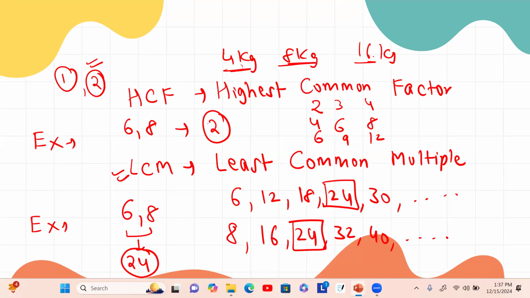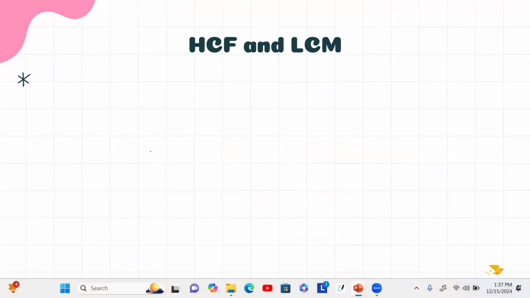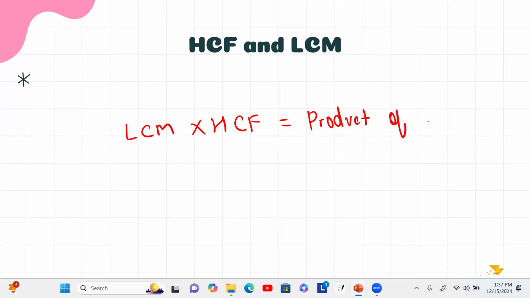One more thing, if you observe here, if you multiply these two numbers, 6 and 8, you get 48. And if you multiply the HCF and LCM of these numbers, you still get 48. Now, this is not a coincidence. This is logic. So you can write that LCM into HCF is the product of the given numbers.